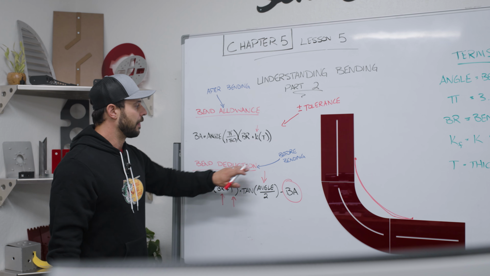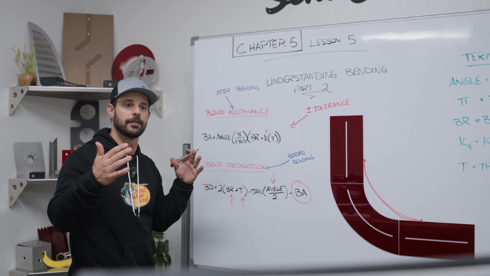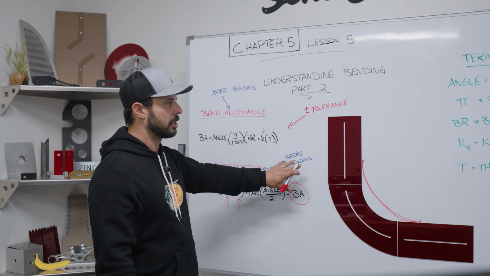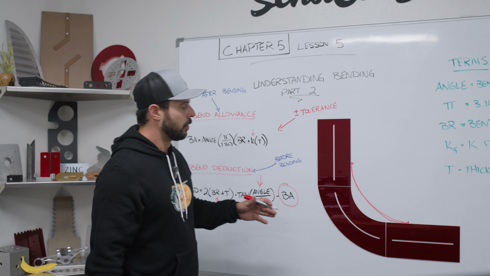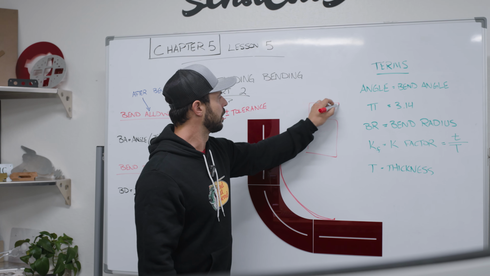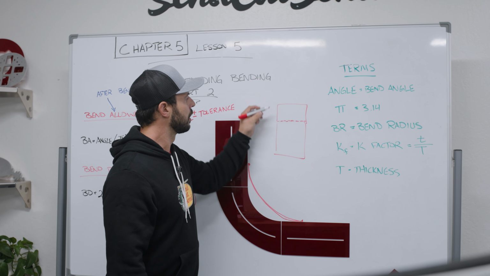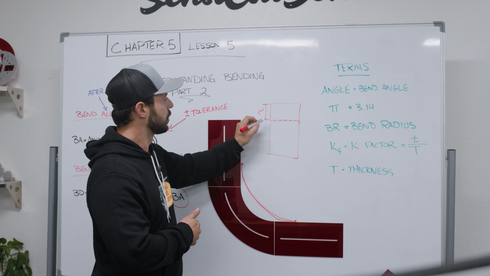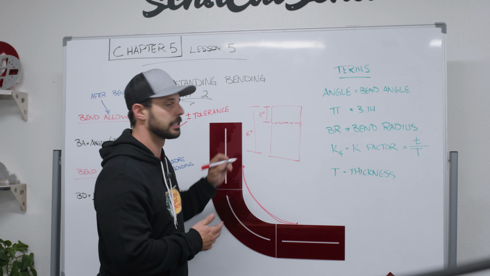With that all being said, this is before bending. So our bend deduction is how much we're going to take off of our original part pre-bent. Now that's an important distinction here as we look into this calculation. What we end up wanting to do is that if we have our part and we're going to end up having this one single flange, where we have this bend line, say we want this flange to be 2 inches, and we'll say our overall part is 6 inches.